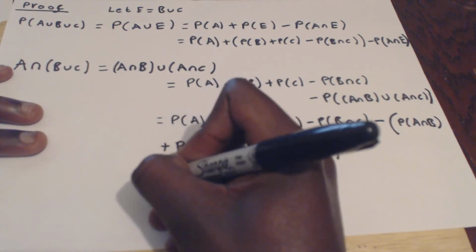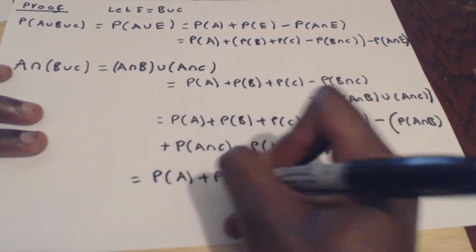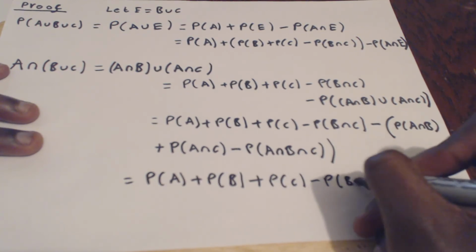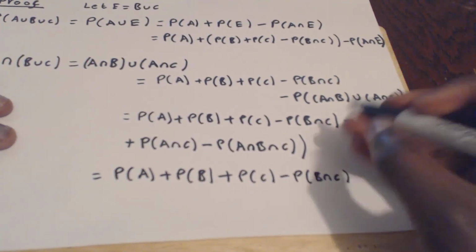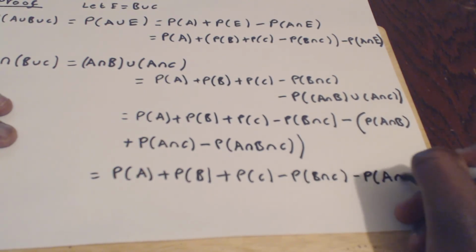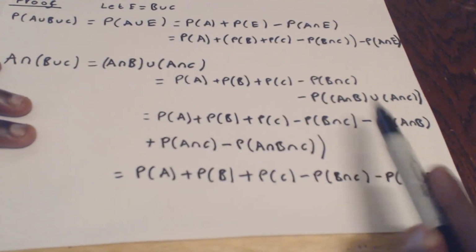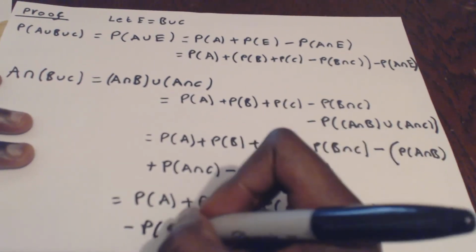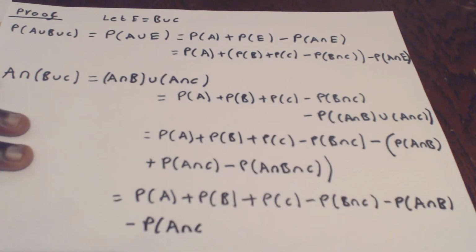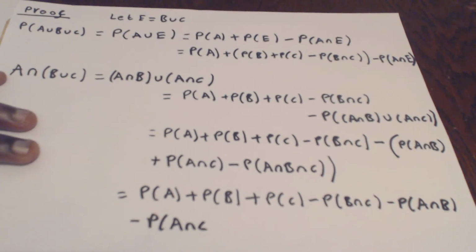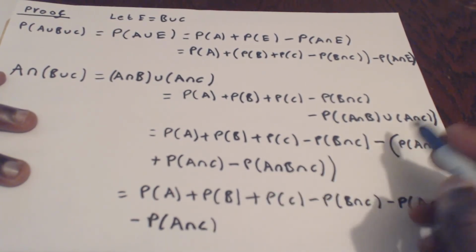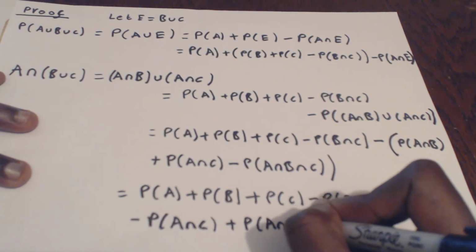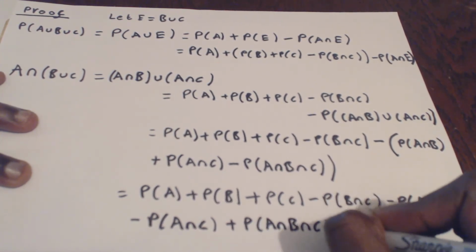And so we end up with the probability of A plus the probability of B plus the probability of C, minus the probability of B intersection C, minus the probability of A intersection B, minus the probability of A intersection C, and then a minus and a minus makes a plus, so plus the probability of A intersection B intersection C. And so it's now been proven.